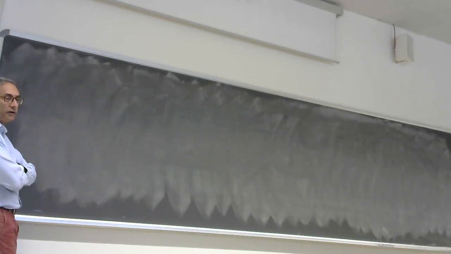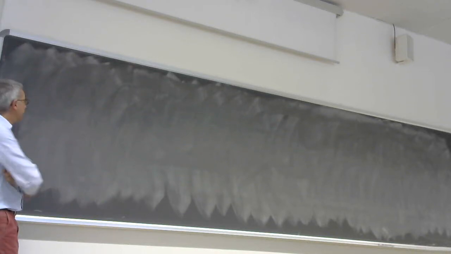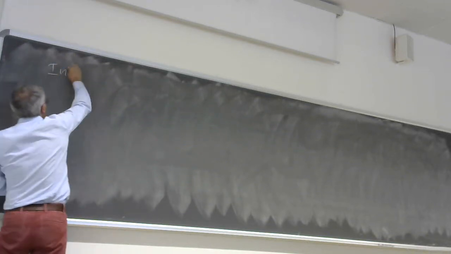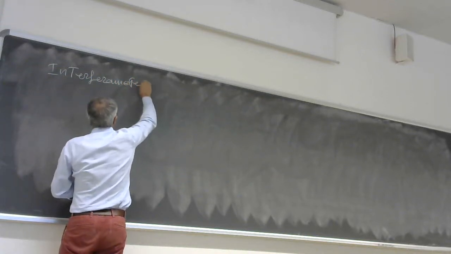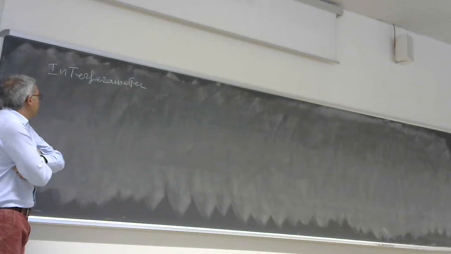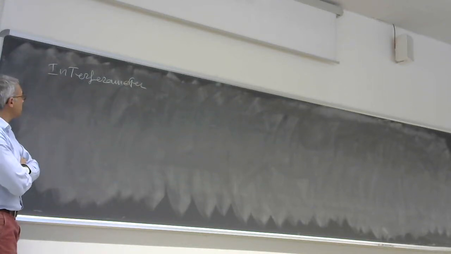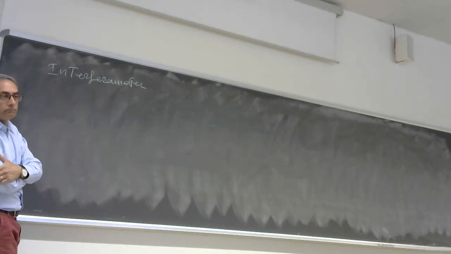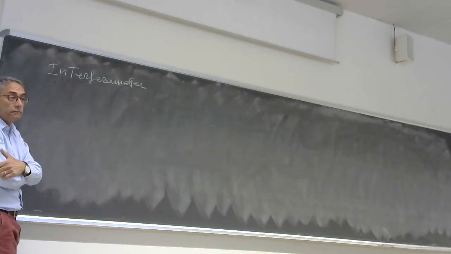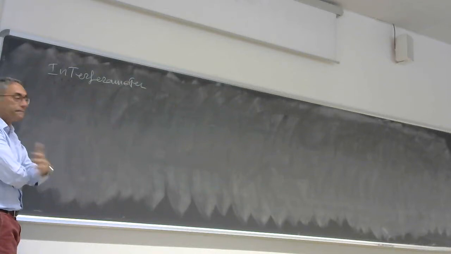Physicists usually call it interferometer, and an interferometer is an arrangement that induces an interference between fields, in our case light, but more in general fields.